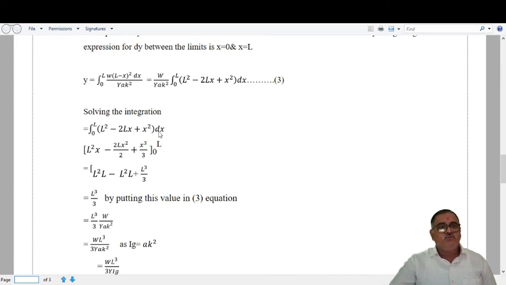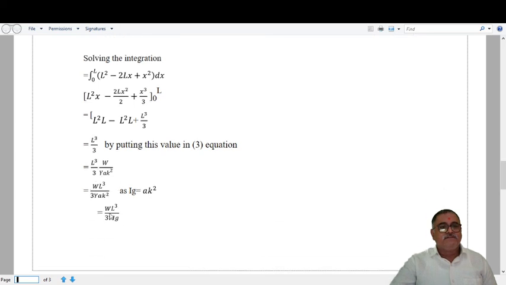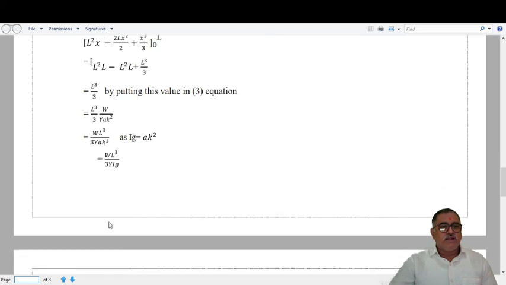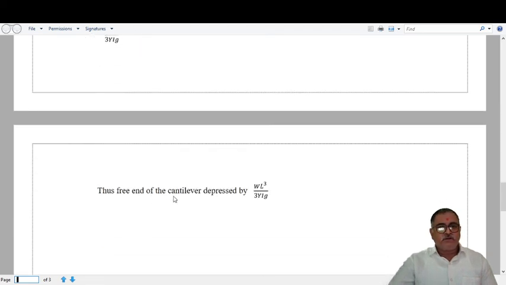It is w upon EI into L cube by 3, that is wL cube upon 3EI. As we know, I g is nothing but equal to Ak square, and thus this is wL cube upon 3EI, and thus the free end of the cantilever is depressed by wL cube by 3EI.